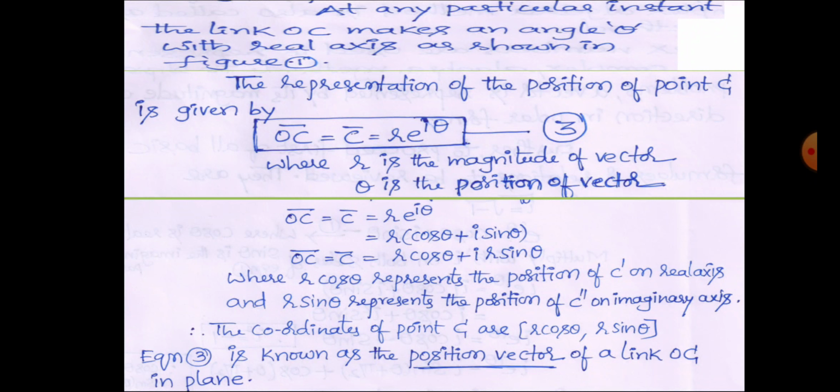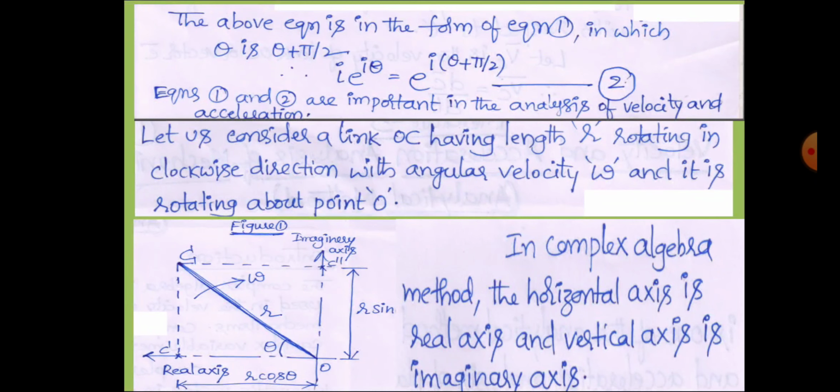Just now I told, link OC has a magnitude of small r, therefore r gives the magnitude of the vector and theta is the position of the vector. Now, suppose instead of link OC, I call this AB, with origin A and the other end of the link B. Then AB can be represented as a vector by AB bar or B bar simply, that is equal to, once again, r into e power i theta.